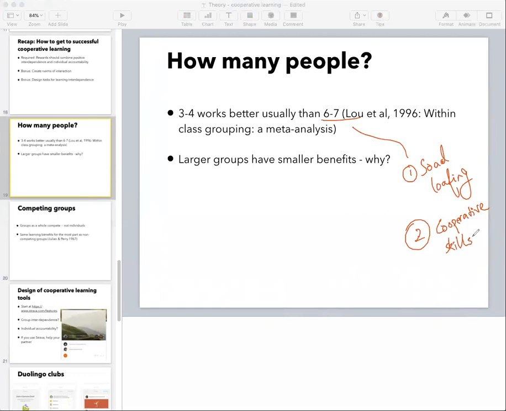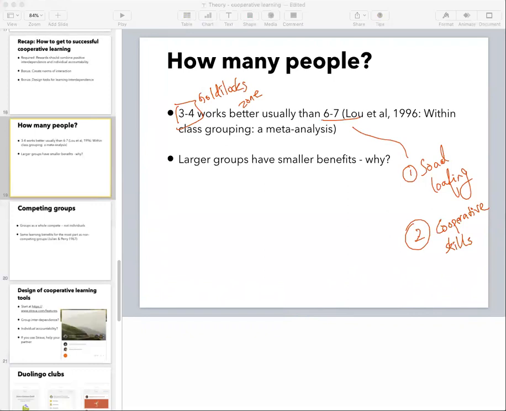So again, smaller groups work well. So 3 to 4 is sort of the Goldilocks zone. In this zone, most cooperative learning methods work well. Some may need fewer people, but rarely does a learning method work well when you have more than 6 or 7 people cooperating.